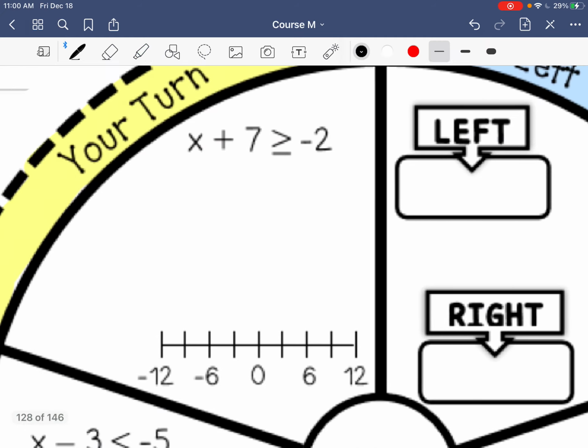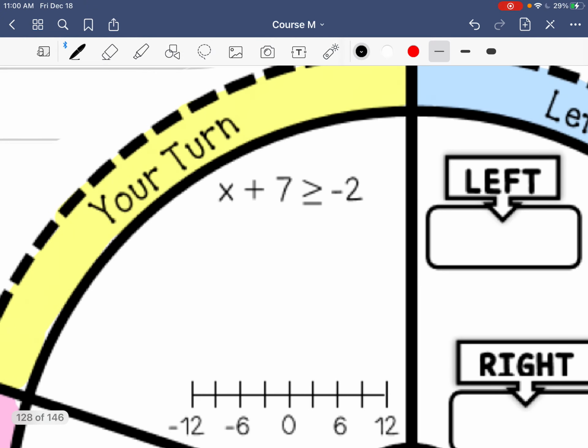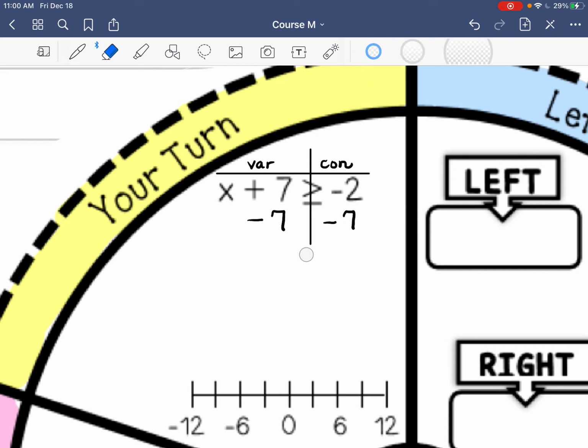Okay, let's move down to your turn and do another one just like that. So we have power t, variable, constant, and we need to move our positive 7. So we'll say negative 7, negative 7. So x is greater than or equal to negative 9.